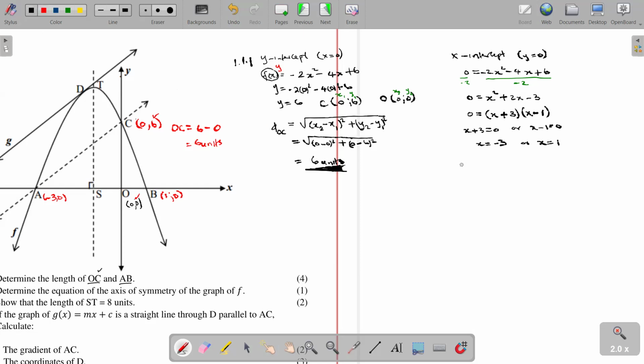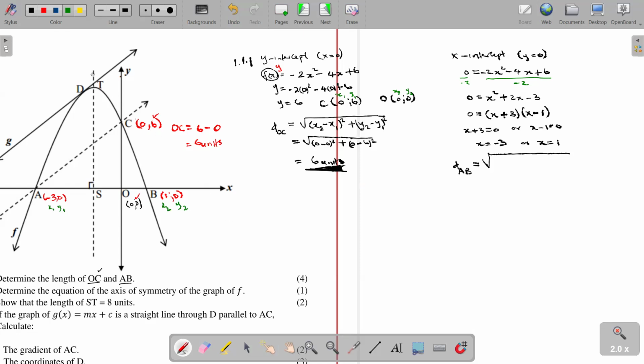It will therefore mean that the distance of AB will be equal to the square root of, so come here to the set of coordinates. This set of coordinates, we can say this is our x1, this is our y1, this becomes our x2, this is our y2.